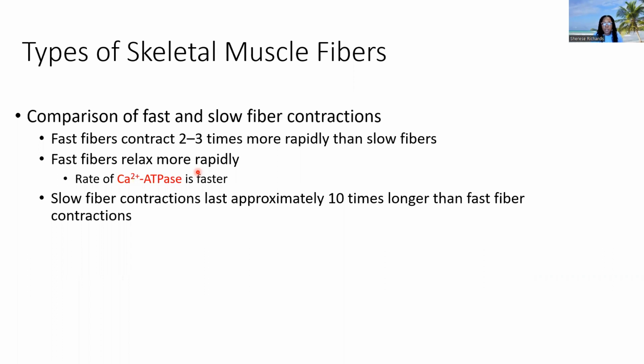So fast fibers not only contract faster, they relax faster as well. Slow fibers, on the other hand, are going to contract more slowly, but they're also going to take a longer time to relax. And if you think about the contraction of a slow fiber, it's going to be sustained for about 10 times the duration that a fast fiber will sustain contractions. Okay, so much slower in terms of their rate of contraction and relaxation.